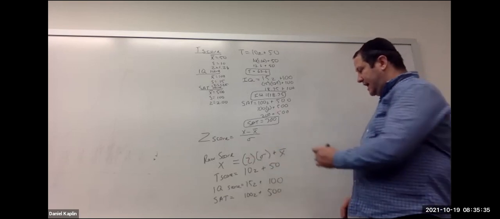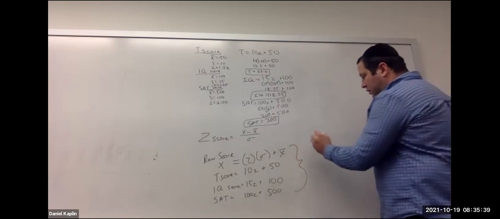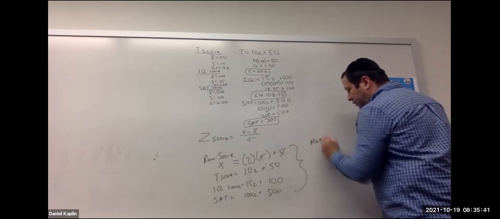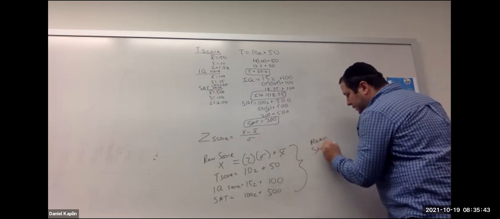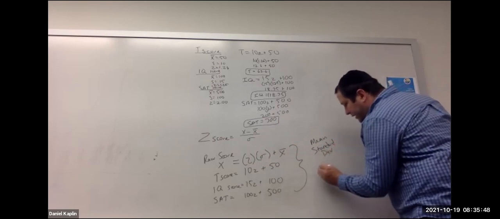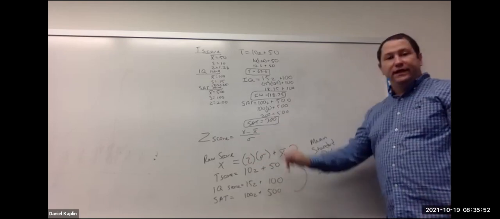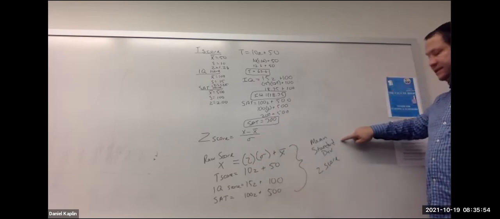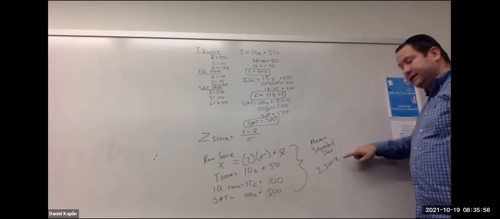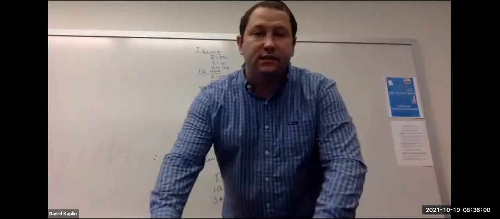To calculate any one of these, you need to know the mean, standard deviation, and then the z-score. So for all four of these formulas, you need the mean, standard deviation, and the z-score. And that is basically today's lesson.